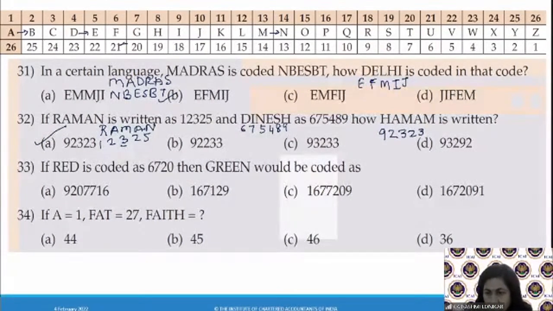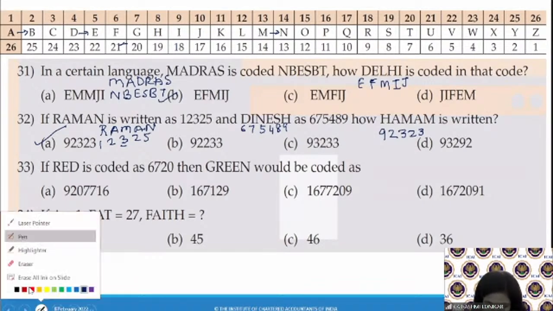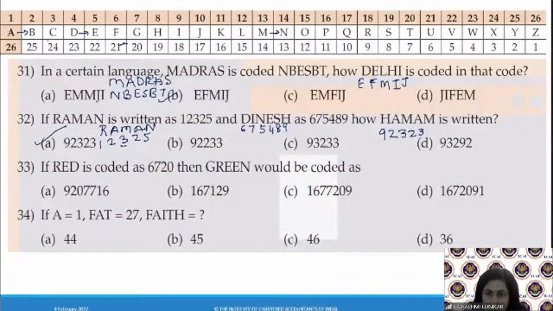Now let me see. I can see a relation between D and 6, E and 7, and R and 20. This sum I'm purposely doing in red.